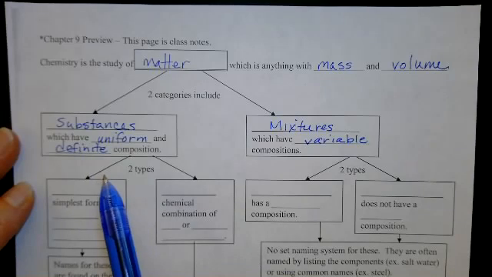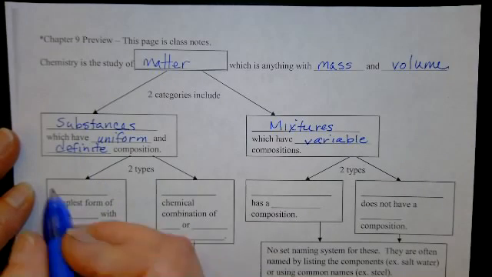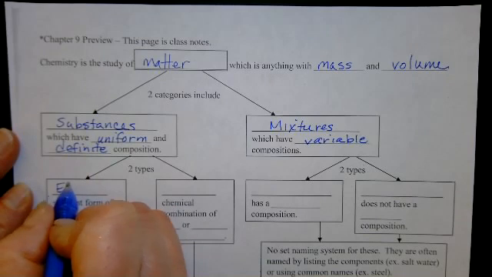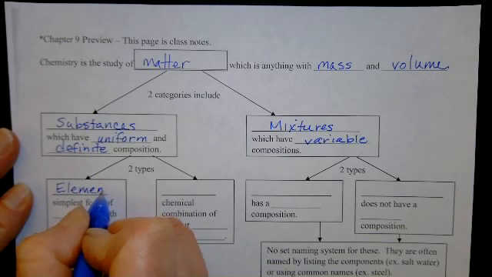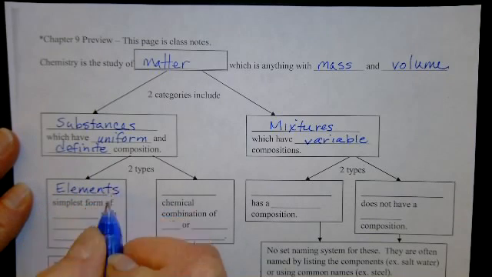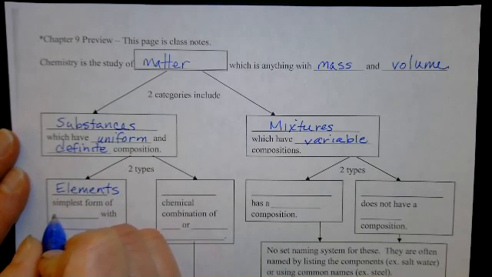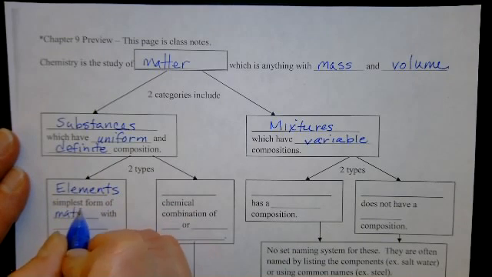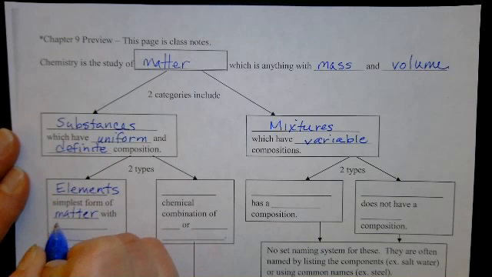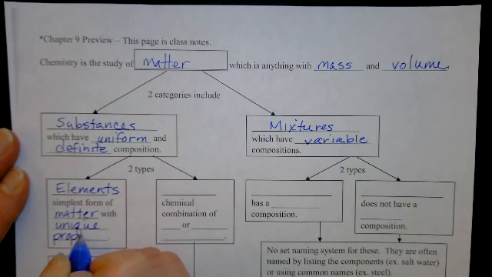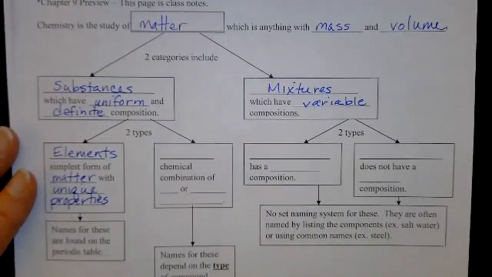Substances can be further divided into elements, which are the simplest form of matter, with unique properties. Remember, they can't be divided further by chemical means. If you want to determine if something is an element, you would look for it on the periodic table.